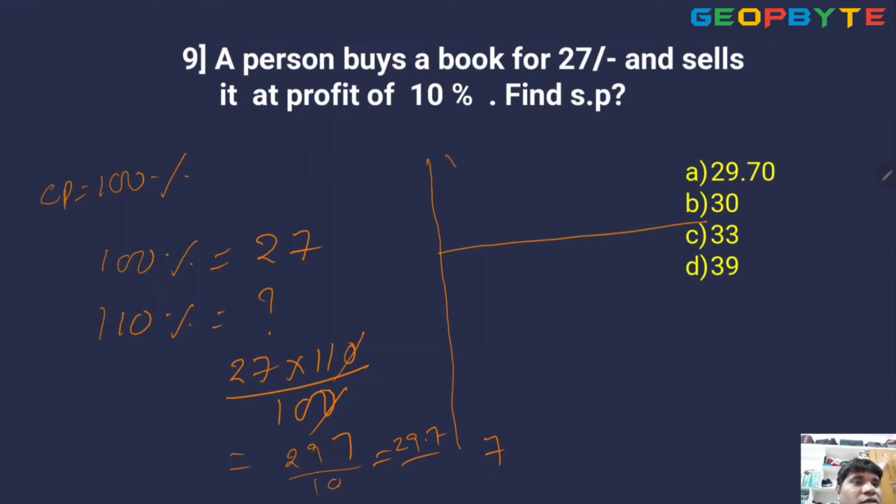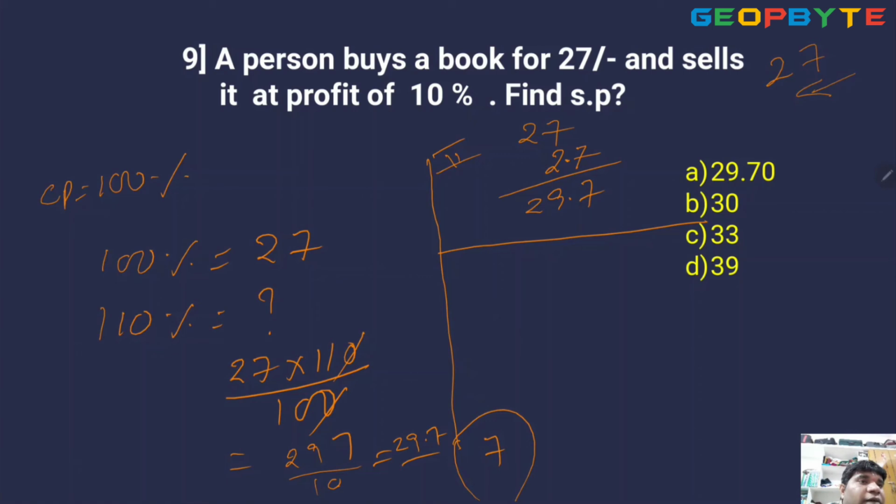Another logic, the second logic. In 27, 10 percentage means one decimal place is left. Suppose 27, 10 percentage means like this, one digit is left. So 2.7, and 29.7 is the direct answer.